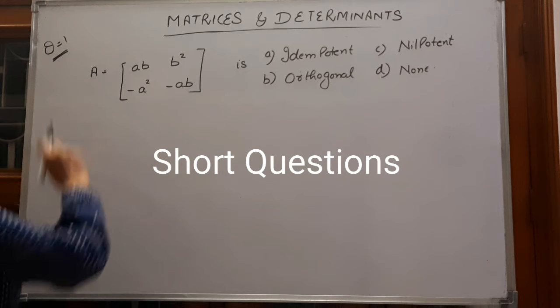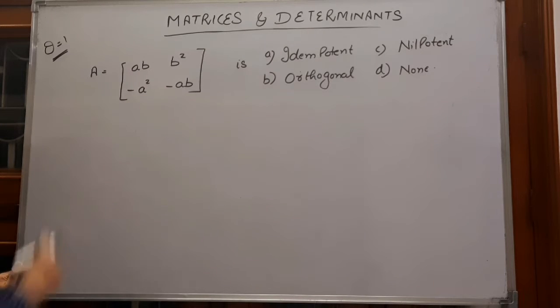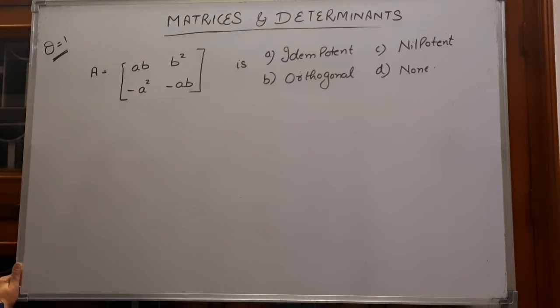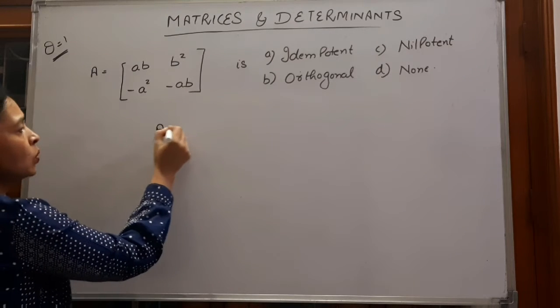We have a matrix A, matrix of 2 by 2 order. Elements are AB, B square, minus A square and minus AB. We have to check whether it is an idempotent, nilpotent or orthogonal matrix or none of these. Now first what we will do?